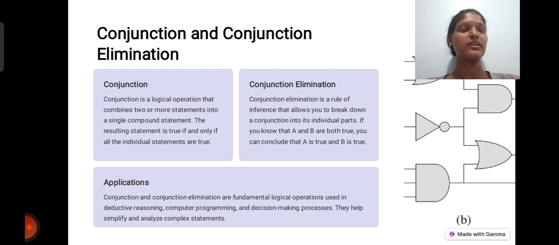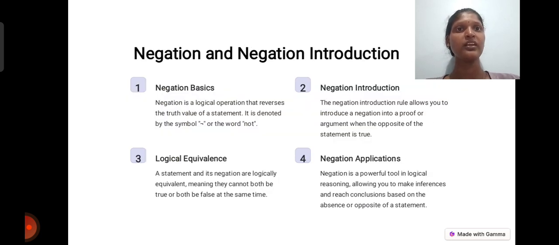This is a small example of conjunction elimination. Now negation and negation introduction. Negation is a logical operation that reverses the truth value of a statement. It is denoted by the symbol ¬ or the word not. A statement and its negation are logically equivalent in that they cannot both be true or both be false.